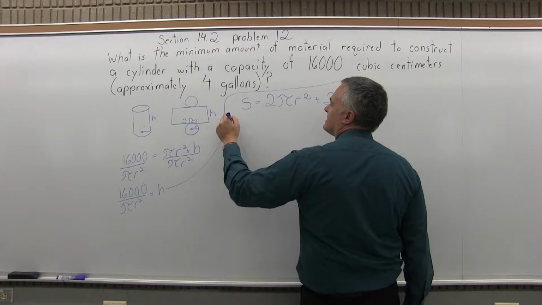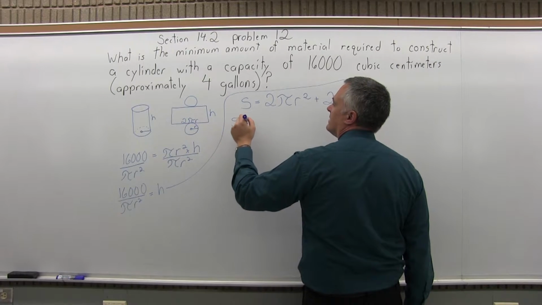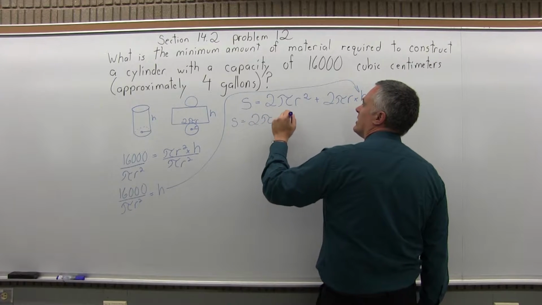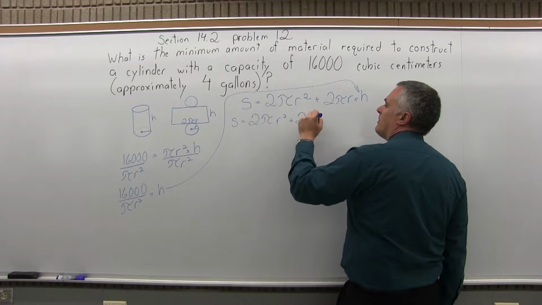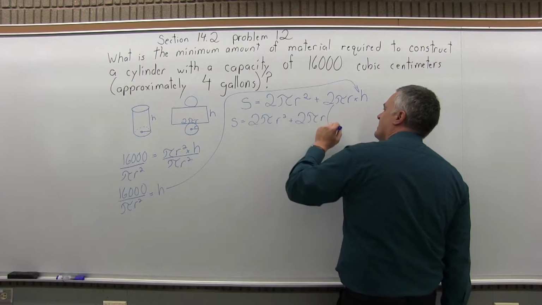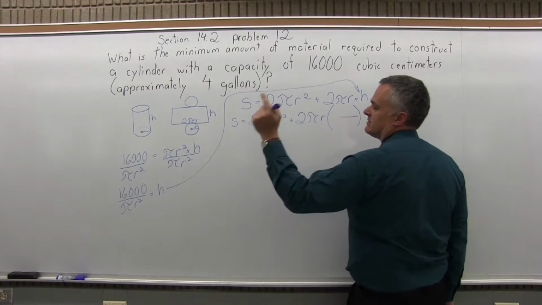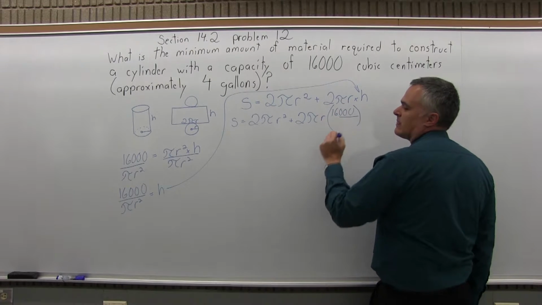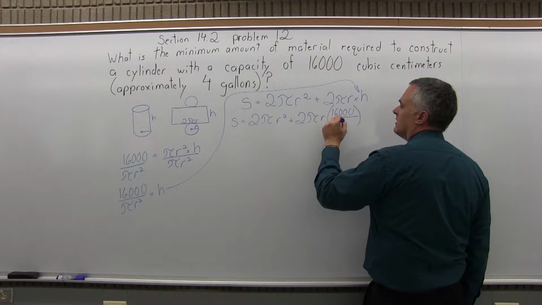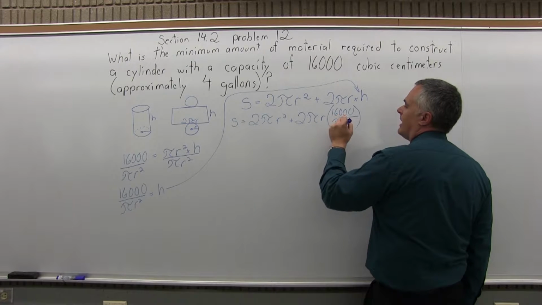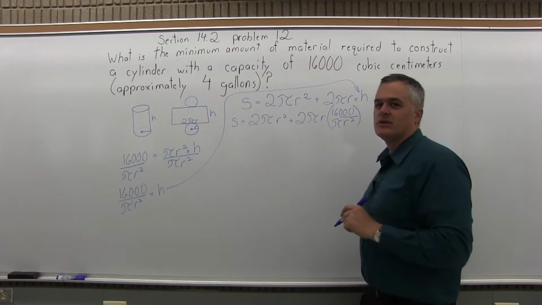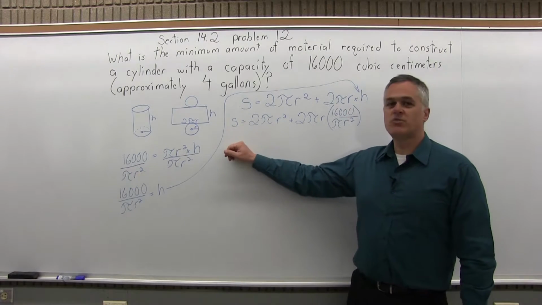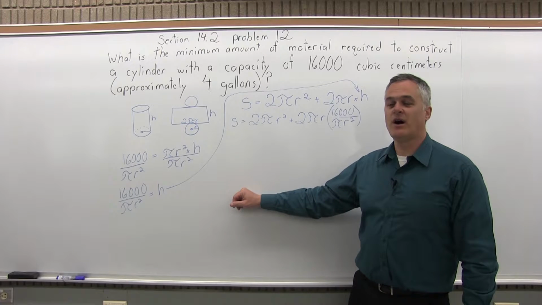So now S, the total surface of my cylinder, is equal to 2 pi r squared plus 2 pi r times h becomes times that value, 16,000 over pi r squared. So now I've got it with just 1 variable. So I'm going to go S prime, set it equal to 0, solve for r.